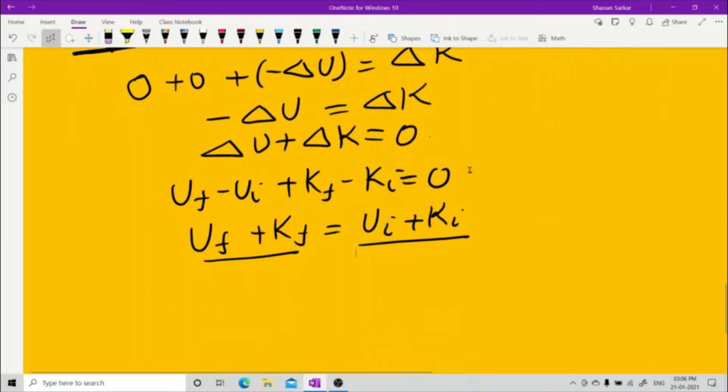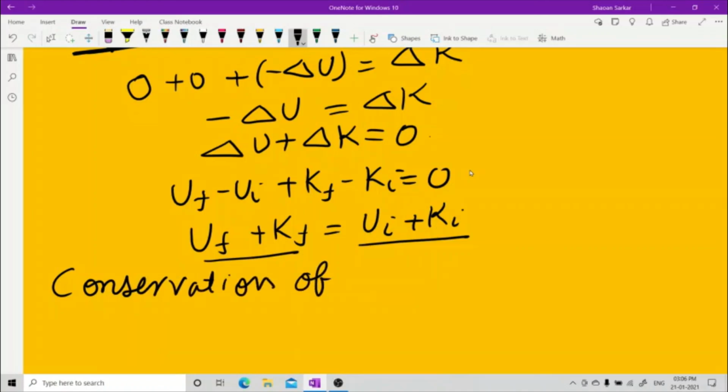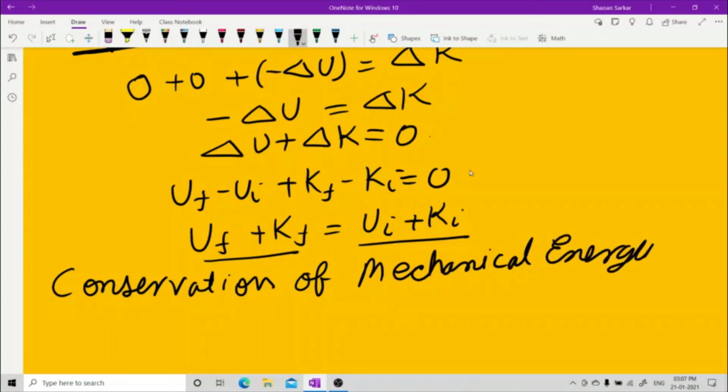This is what is known as conservation of mechanical energy. Now, this is what you basically need to do problems. This idea.